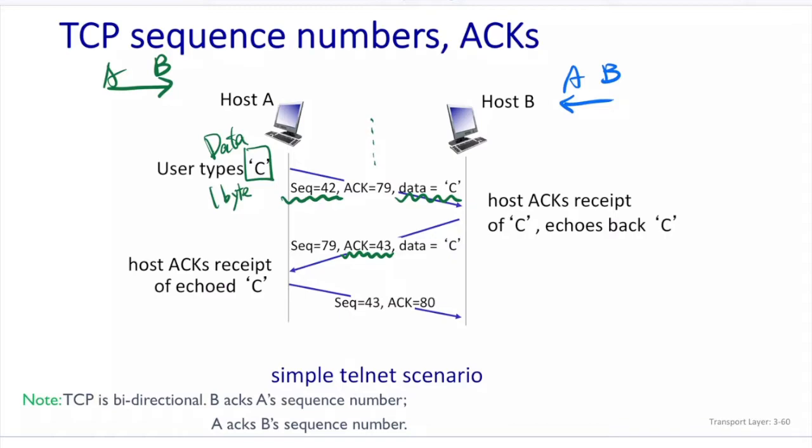So next time, when host A sends a packet, let's take an example, okay? If the next packet is DEF, 3 bytes, sent from A to B, we can expect that the packet's sequence number is 43, and the data right here should be DEF.